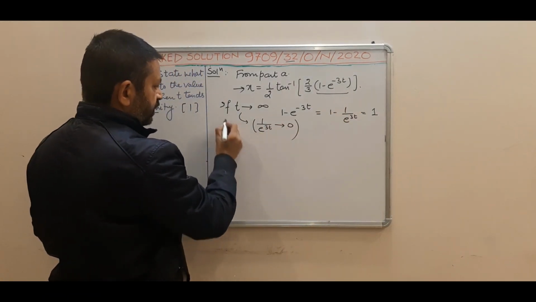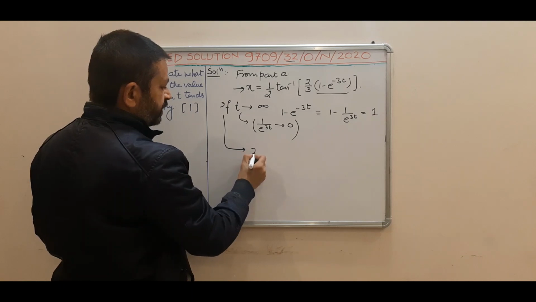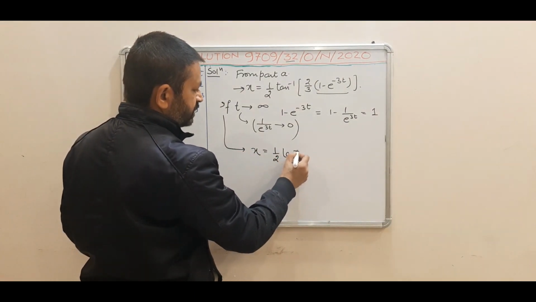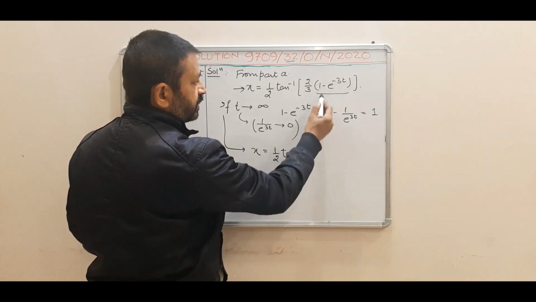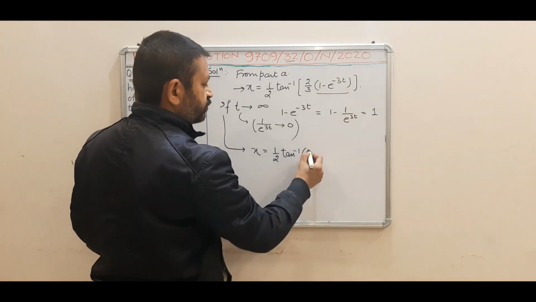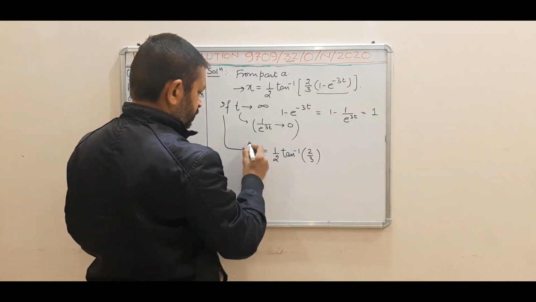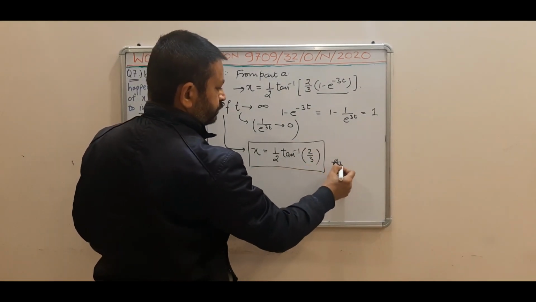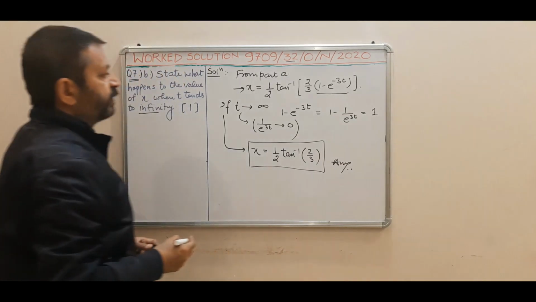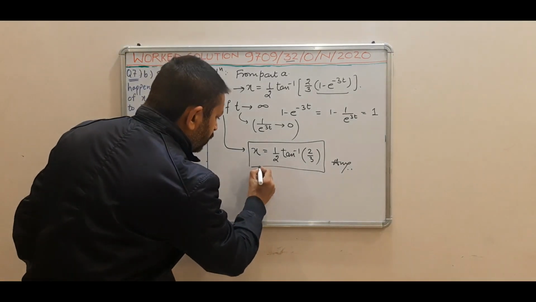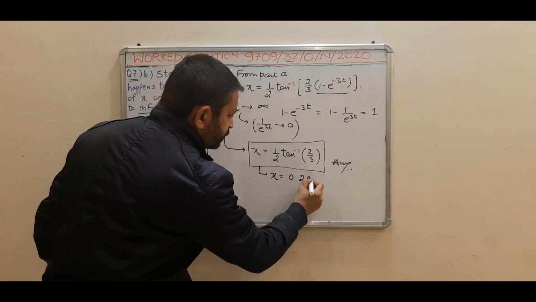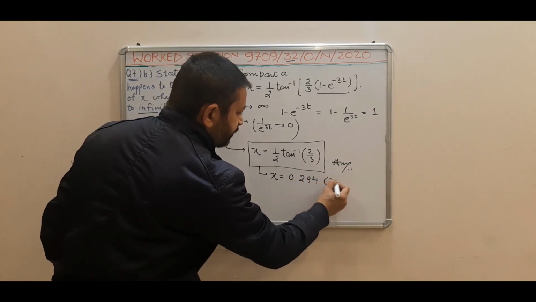So if t tends to infinity, x will be half tan inverse of 2 by 3 only. This is for 1 mark. Or we can solve it to get 0.294 up to 3 significant figures.